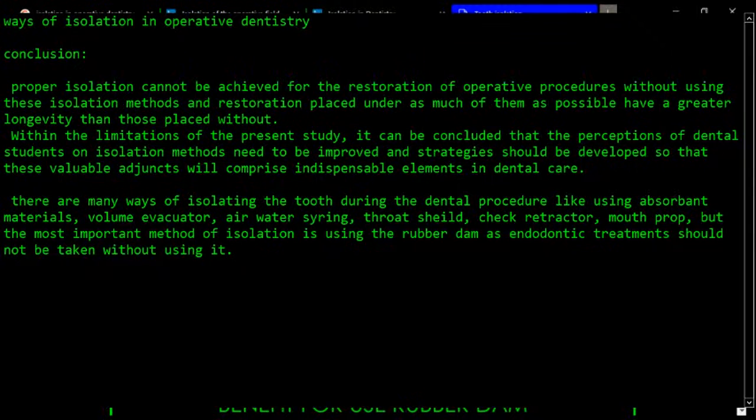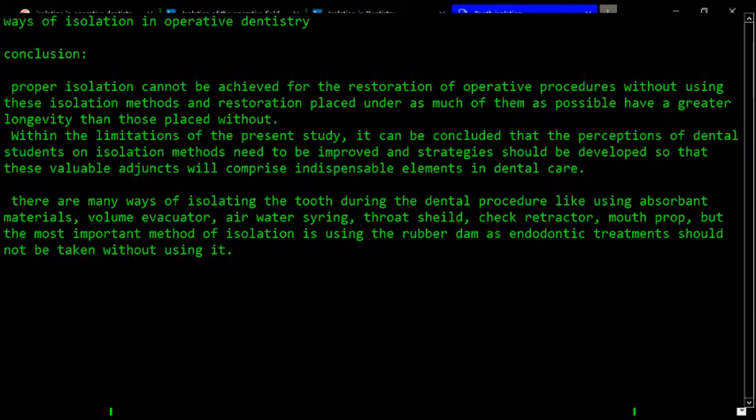Very important words that we added to our research. Let's move on to the next slide.